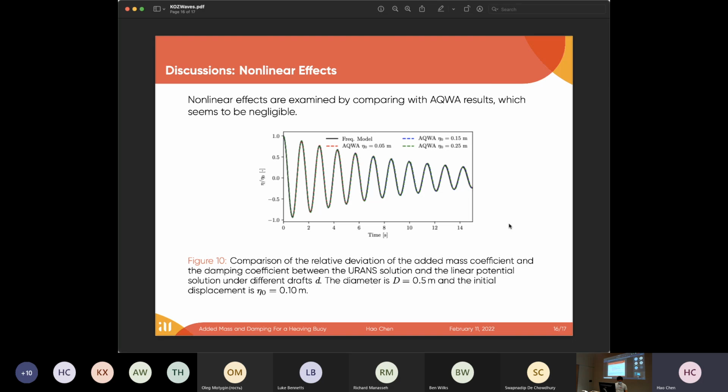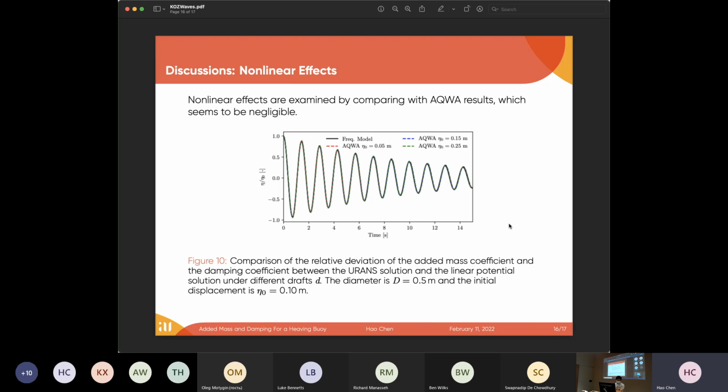Okay, so there might be some questions here. Let's say if we directly compare the linear potential model with the results from the CFD model, what are the nonlinear effects? So we compare the results from Aqua with the linear potential model on the eta, the heave decay here.